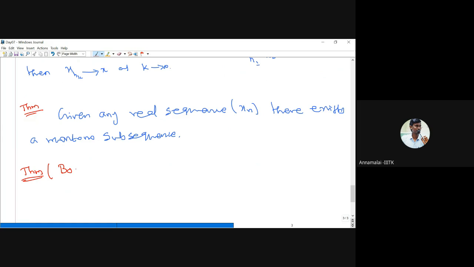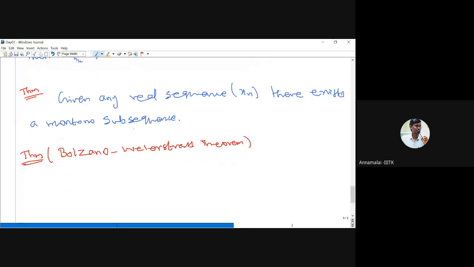So what is the theorem? The Bolzano-Weierstrass theorem says if you have a bounded sequence, then the sequence has a convergent subsequence.